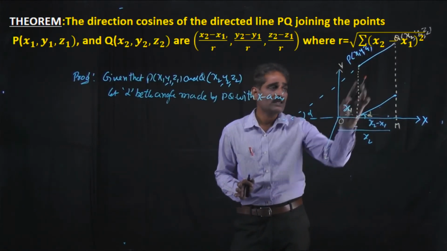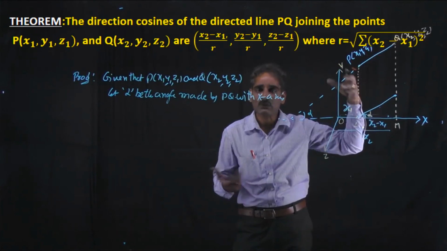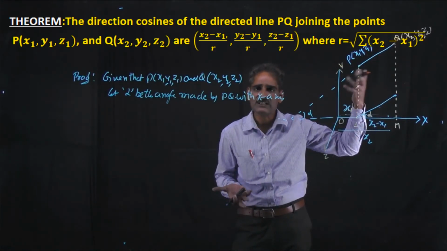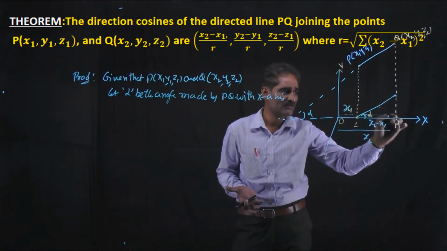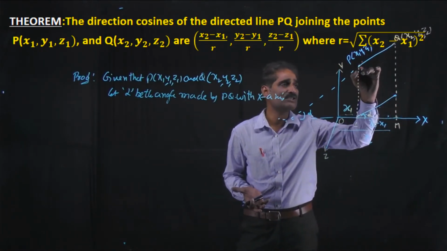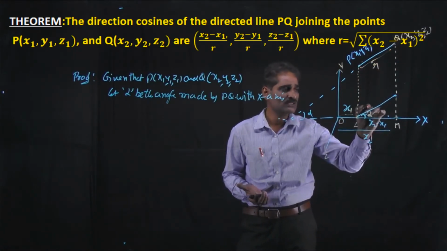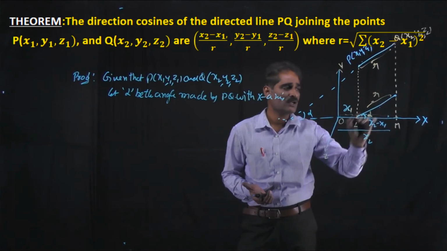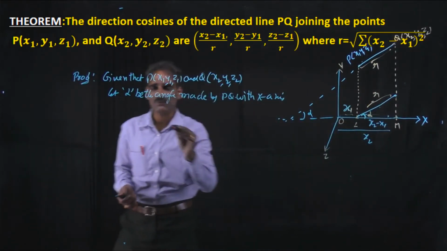So if alpha is the angle made by the line PQ, how can we find DCs? Just by applying cos to the angle. From this triangle, the length of PQ is given as r, so the length of this part is also r. Now from this triangle, what is cos alpha?